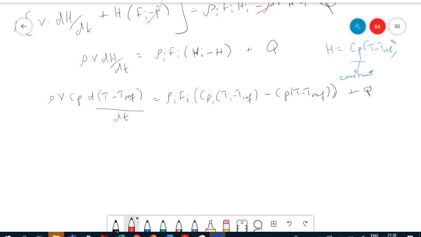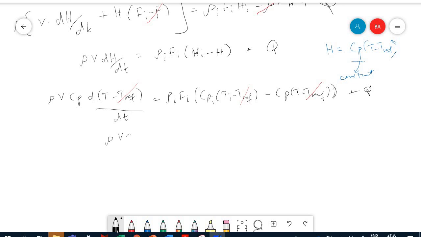Okay, so what do we have here? The derivative of a constant will be 0, so we will forget about that term. And we have here Cp into T reference minus Cp into T reference. I know this is Cpi, but we said Cp is not changing with time. It's a constant value, so I can cancel out the Cp with T reference with the Cp with the T reference, and I'm left with the Cp as a common factor into Ti minus T. So the equation will be like that.